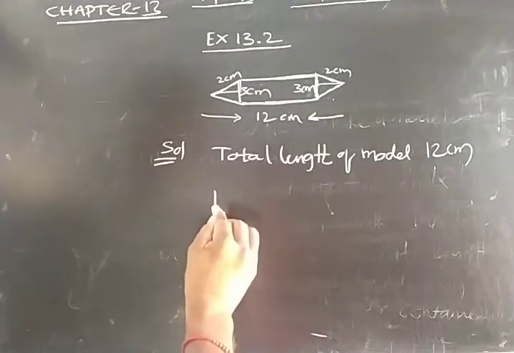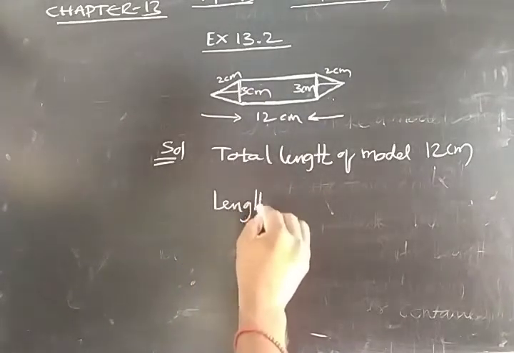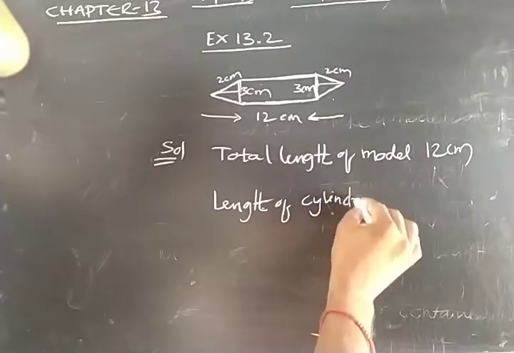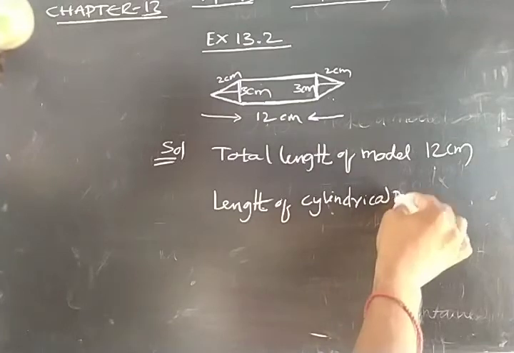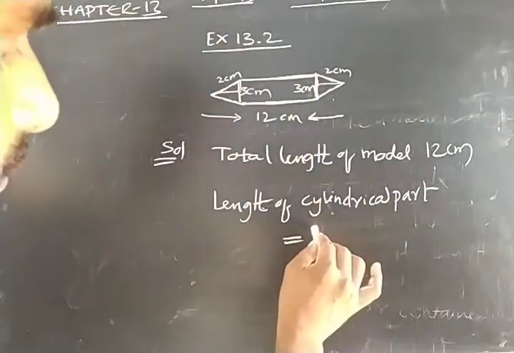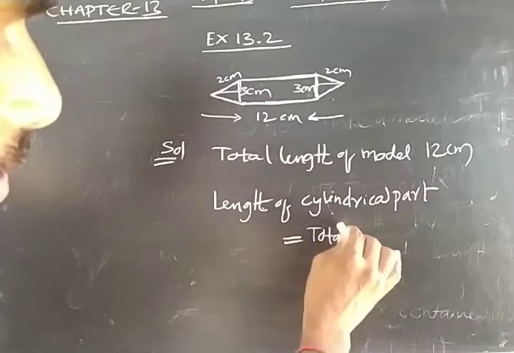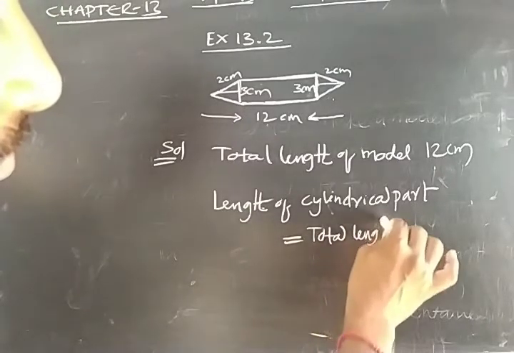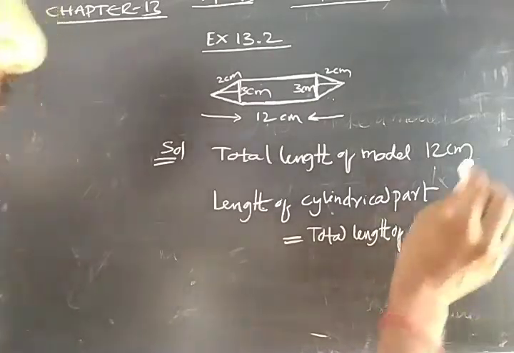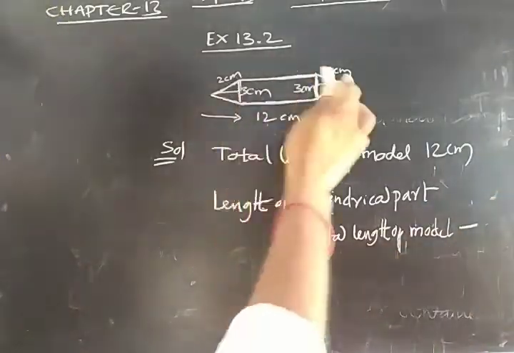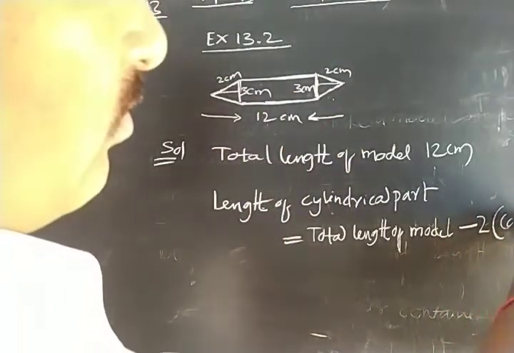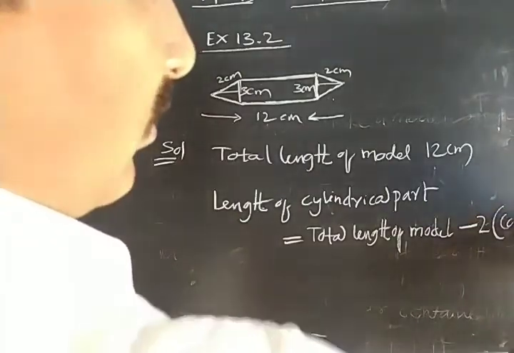Okay, now let me write the length of the cylindrical part. How to get the length of the cylindrical part? From the total length of the model I am subtracting twice the cone height, 2 into cone height.